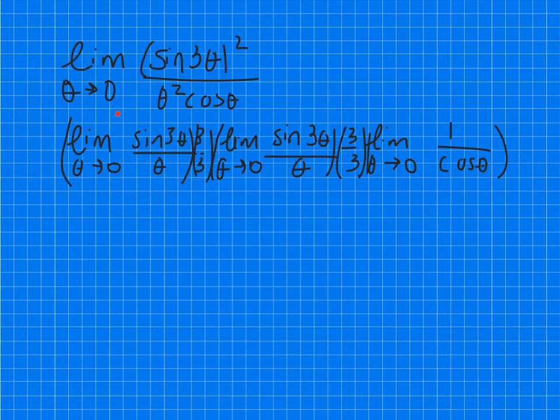What happens when you do this is that the 3 in the numerator just moves over, so you get 3 times the limit of sine 3 theta over 3 theta as 3 theta approaches 0, because now you no longer have theta, you have 3 theta.